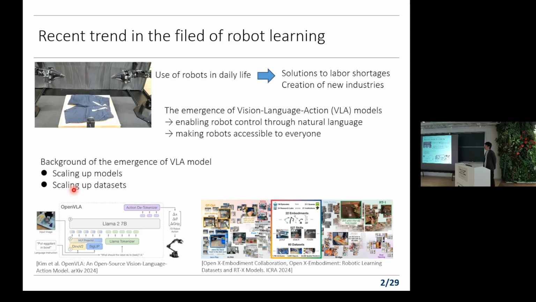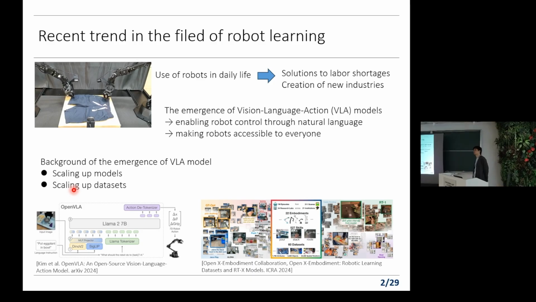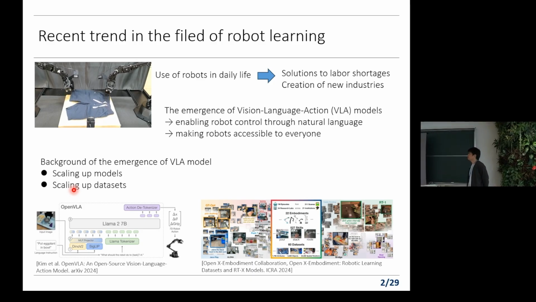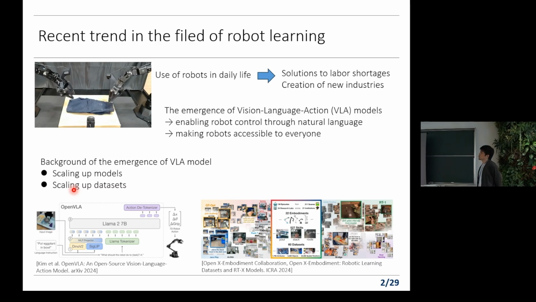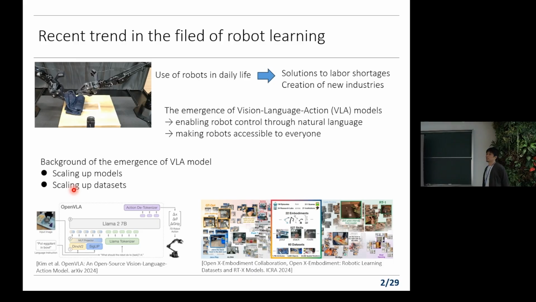If you can achieve this, people do not require expert knowledge to control robots, and it will make robots accessible to everyone, probably in daily life. There are two big factors behind the emergence of VLA models: one is the scale up of models, and the other is the scale up of datasets. We are conducting research in the field of robot learning with these in mind.